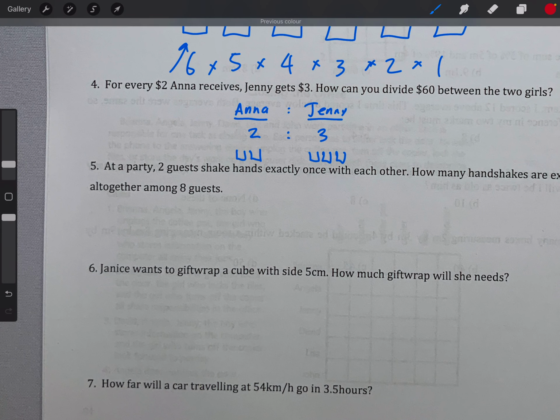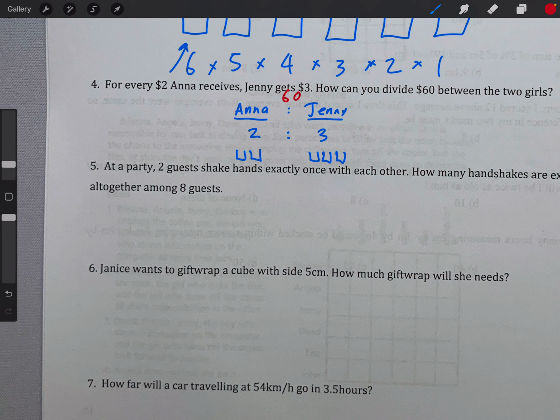You're going to take $60 and divide it, giving Anna some and Jenny some, and it has to be divided evenly into all these cups. So we take 60 and divide by how many cups there are. There are 5 cups, so 60 divided by 5 is 12. So each cup contains 12.